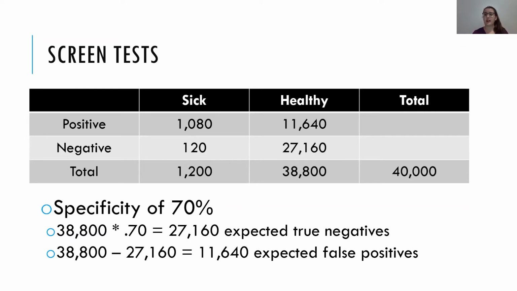Those are accurate negative tests where healthy people are testing negative. But we're going to see a lot more false positives. A false positive is when you're actually healthy, but you're testing as if you are sick. With a specificity of 70%, we would expect 30% of our healthy people to actually get positive test results. So we would expect 11,640 false positives.